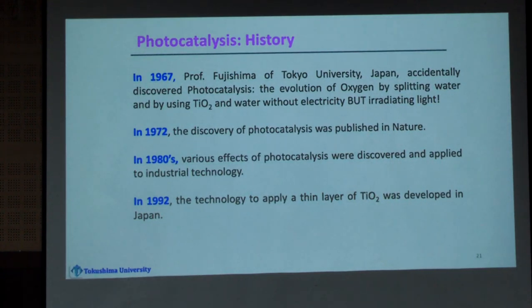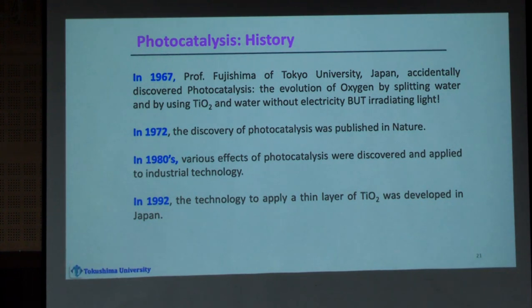This term photocatalysis is derived from the experiment done by Professor Fujishima of Tokyo University in 1967. He was working on TiO2, titanium oxide, and he wanted to split the water. As I told you, earlier electrolysis was there.